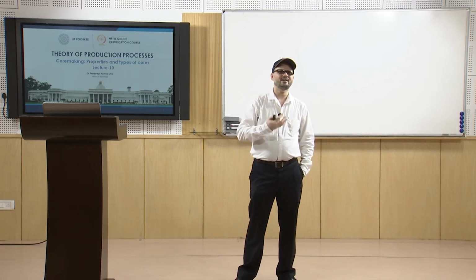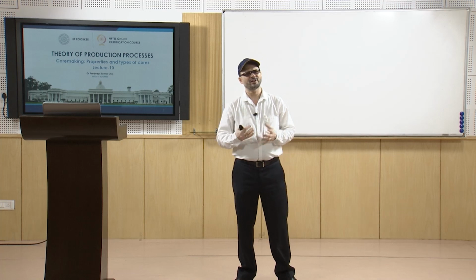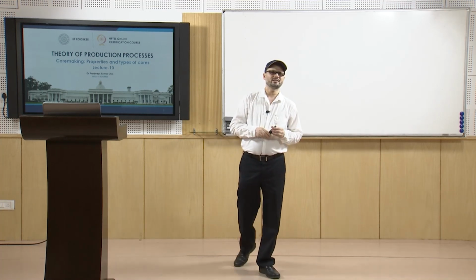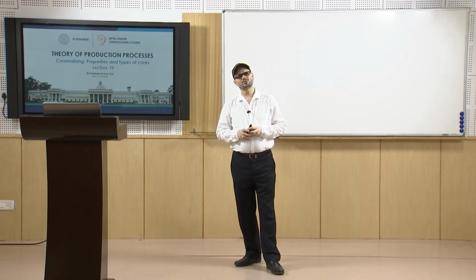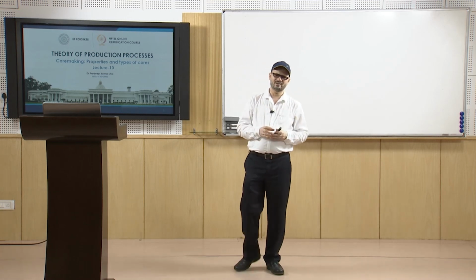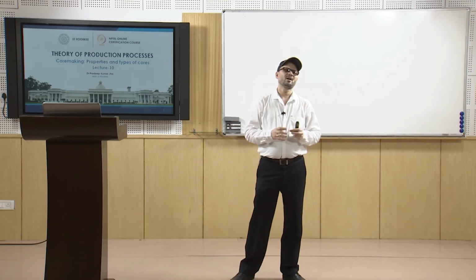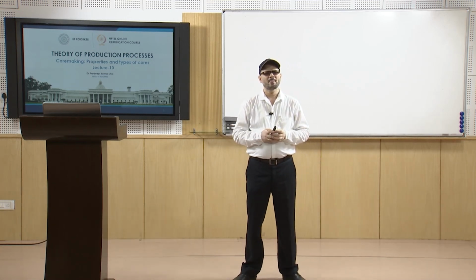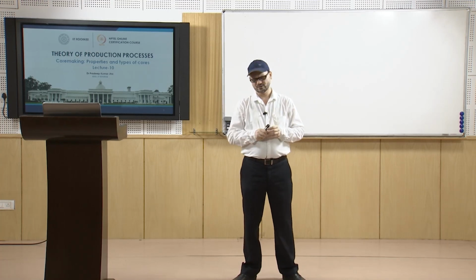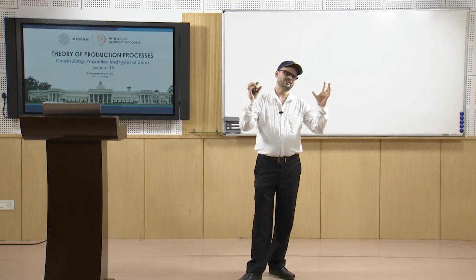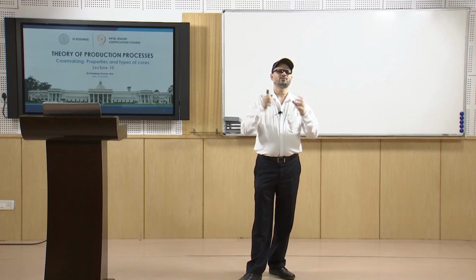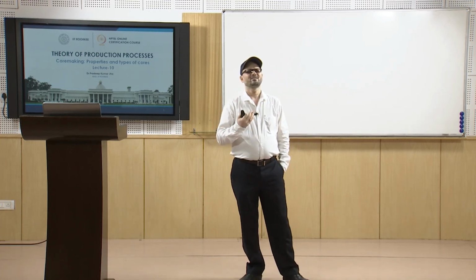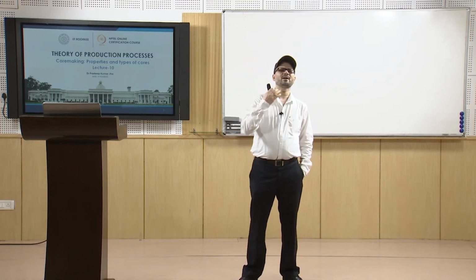The strength which it develops after baking or drying it. In the dry state, whatever strength you develop, it must be able to withstand the pressure of the metal when the metal is coming into the cavity and onto the sides of the core. That is known as dry strength. Then permeability.